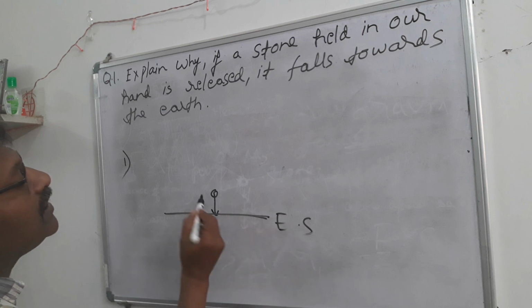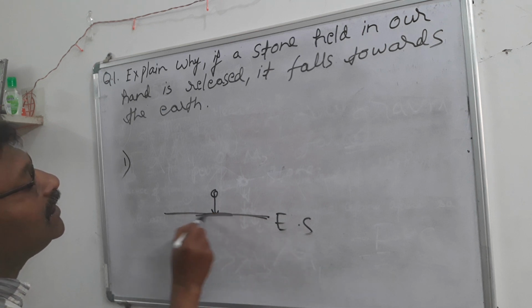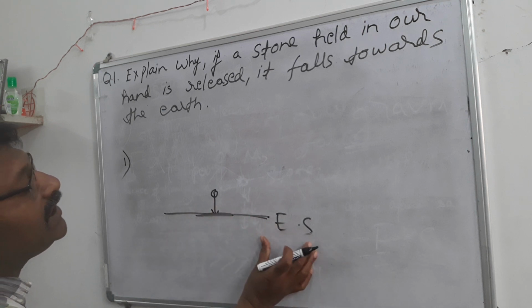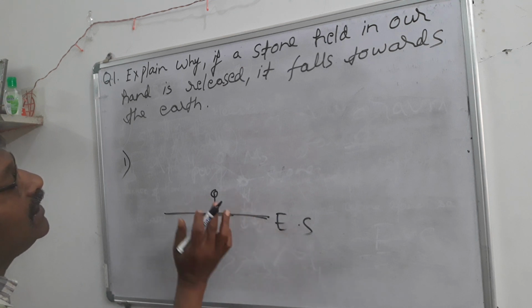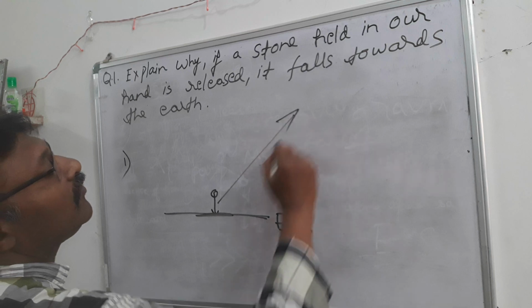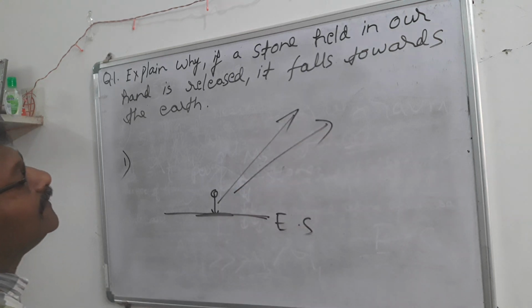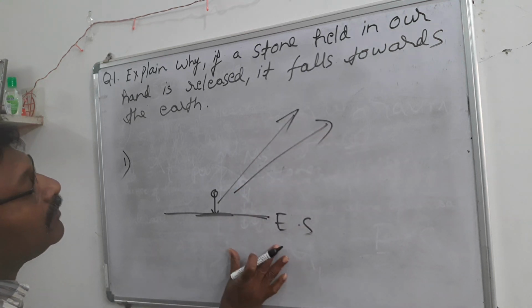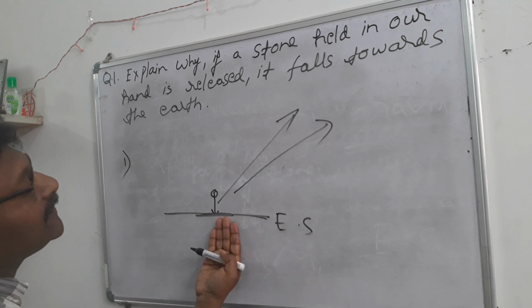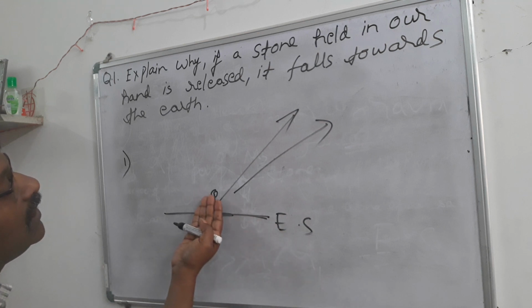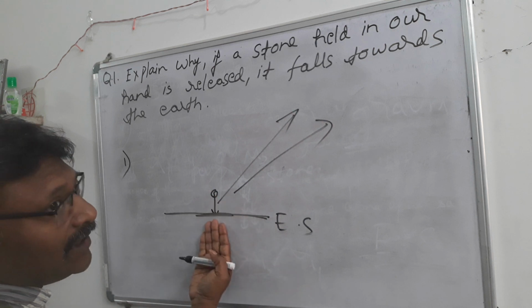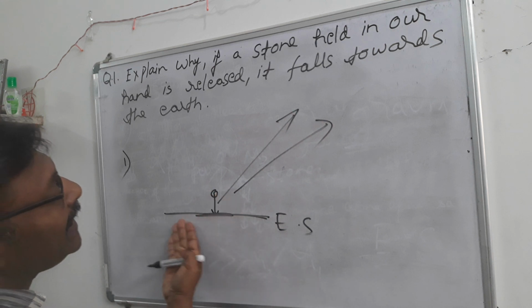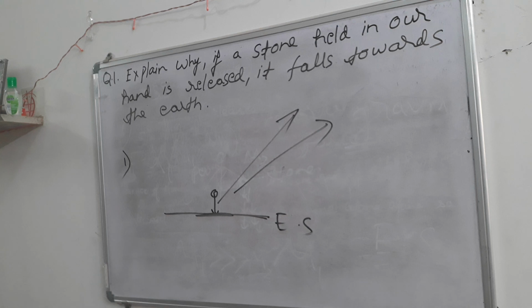Suppose that there is no gravitational force between the earth and the person, then this person will fly off into space. This will not happen because the earth exerts a force of attraction on the person, due to which the person always stands on the earth surface. This is the first significance.